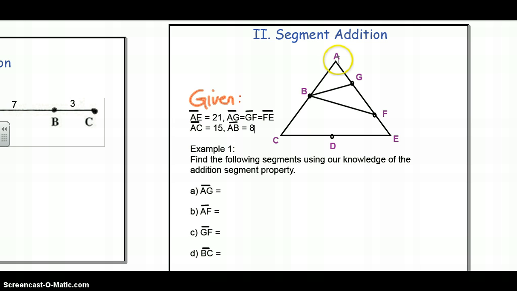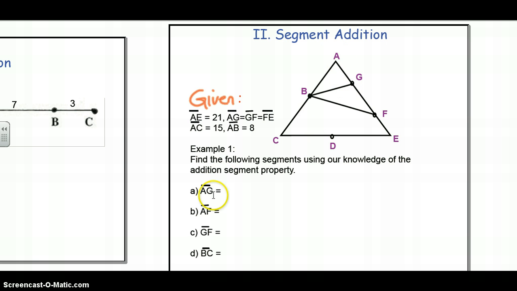Alright, so AG plus GF plus FE equals AE, so we can set 21 equal to 3x. 21 divided by 3 is 7, and that means AG is 7.